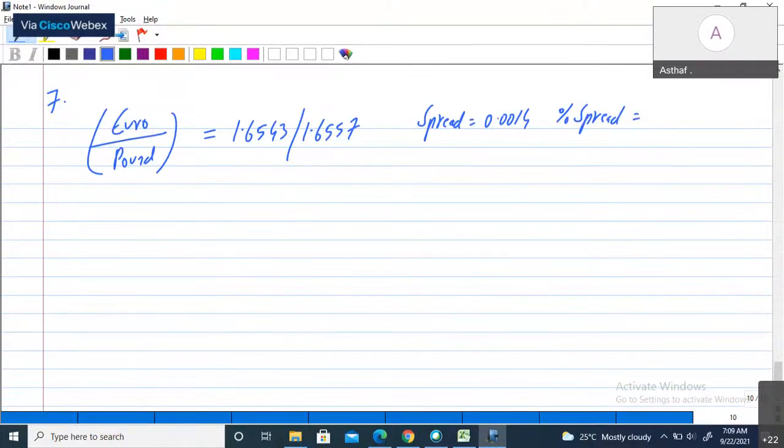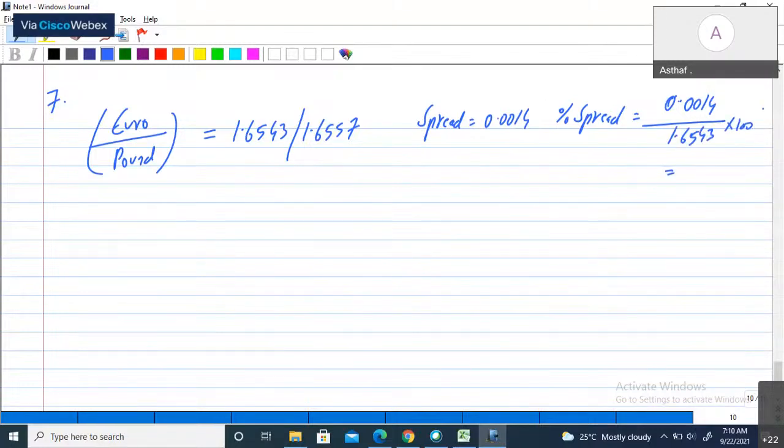See, in your online exam, the number of forex questions will be very few because of the typing issue. So what will be the percentage of spread? The percentage of spread will be 0.0014 divided by 1.6543, into 100.